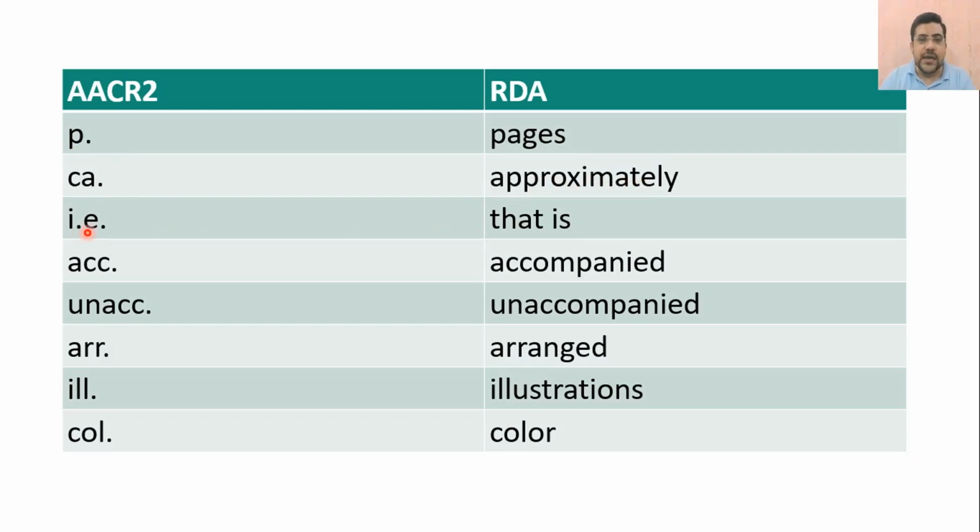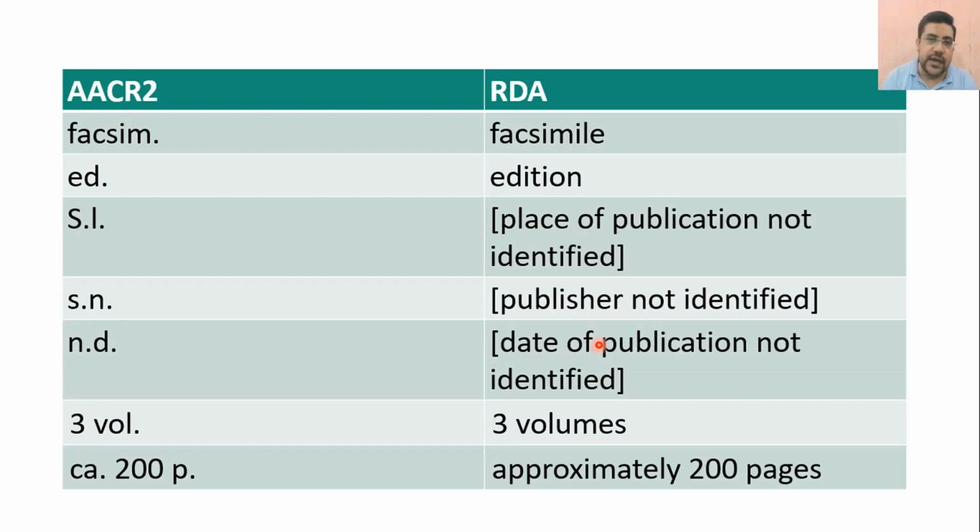Similarly, we have IE for that is, and we use COL for color, ILL for illustration, ARR for arranged, and more. ED for edition. If the publisher is not identified, we use SN in AACR2. But in RDA, we use the whole phrase as it is. If there are 3 volumes or 4 volumes, we need to write VOL dot in AACR2. But in RDA, we just write 3 volumes as it is.